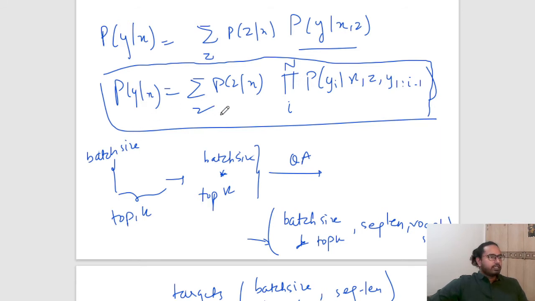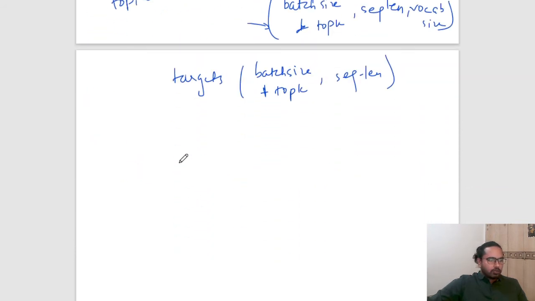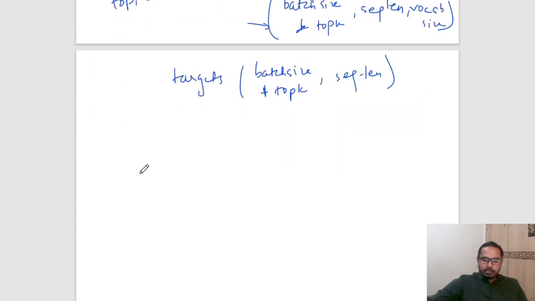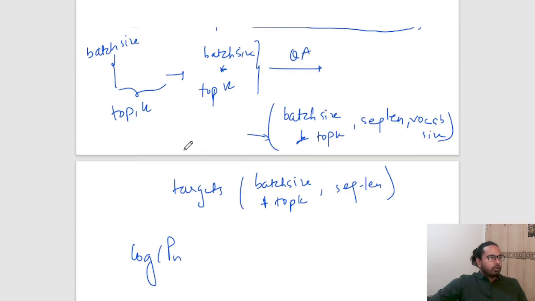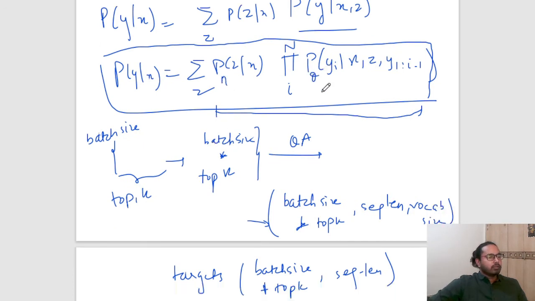So first we'll try to get the values for this part of the expression. Since it involves a lot of multiplication, it's a good idea to do it in log space. So when we do the log of these values, what we get is the log of p eta, sorry, I removed it, p eta and p theta.